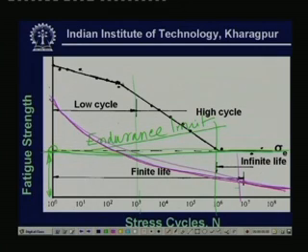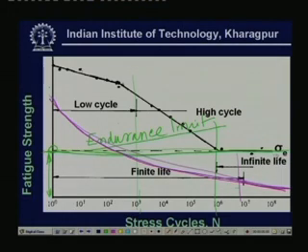Anyway, in those cases the design in a true sense cannot be for infinite life. Of course, this situation of infinite life is not always true, because it might be taking more number of cycles compared to this one.